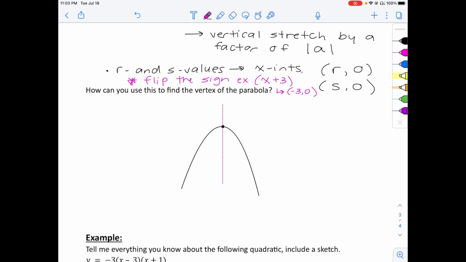We've already investigated how we can determine that if we know the vertex, and also from a graph. So let's say this is my x-axis and this is my y-axis.